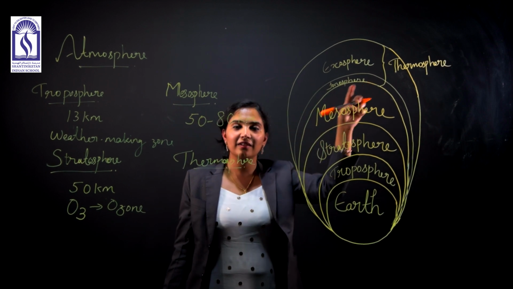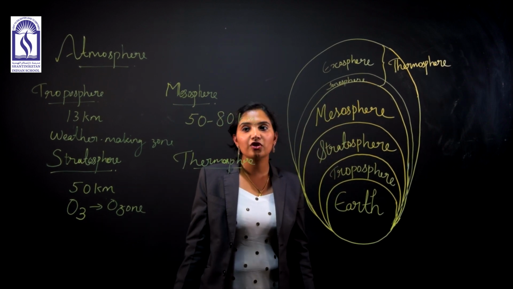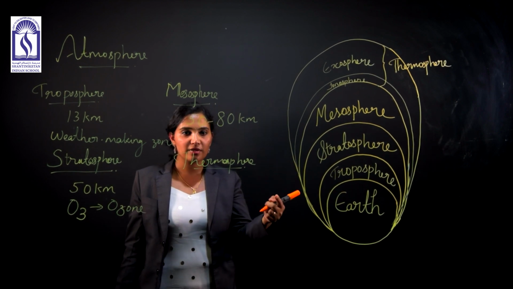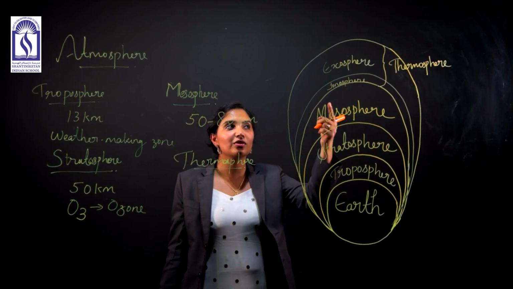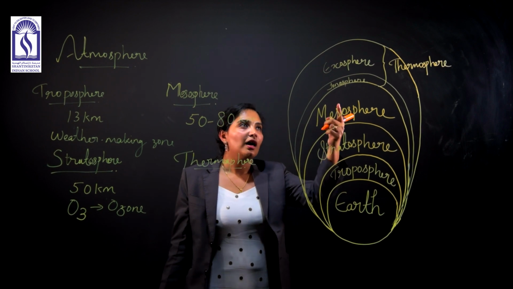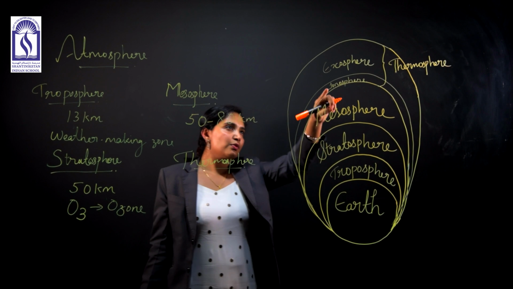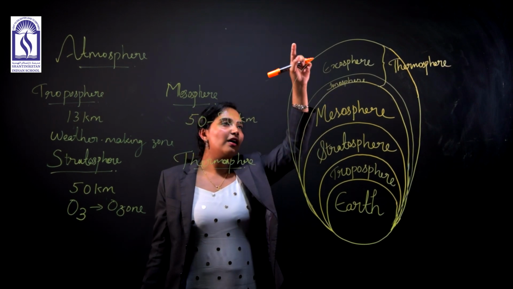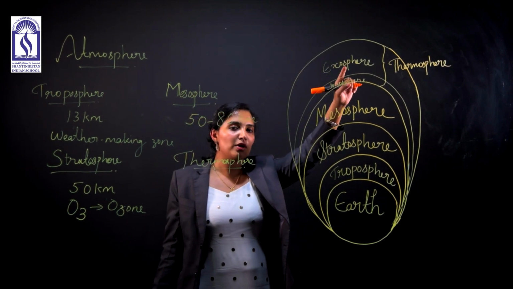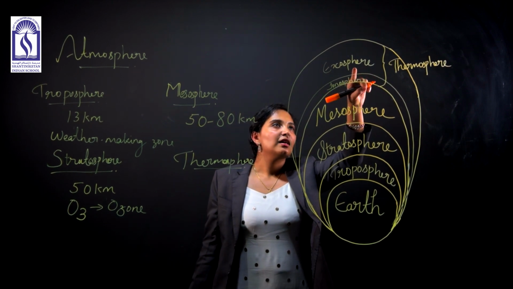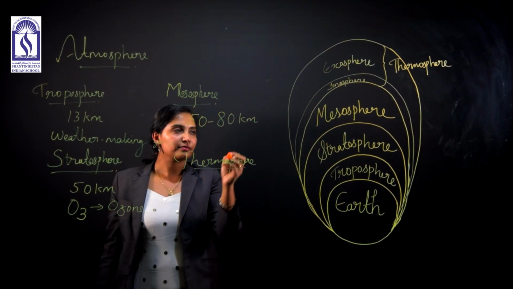Ionosphere is a layer which contains a large amount of ions, which are electrically charged, and that actually helps the transmission of radio waves. And the last layer is exosphere. Exosphere is the extreme layer of atmosphere, the second layer of thermosphere.